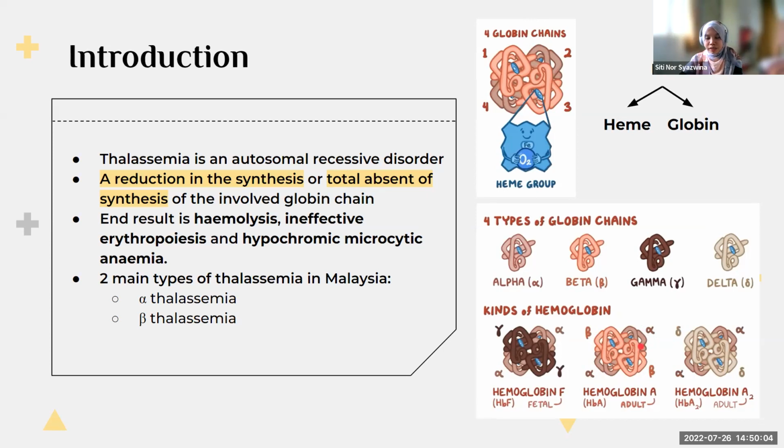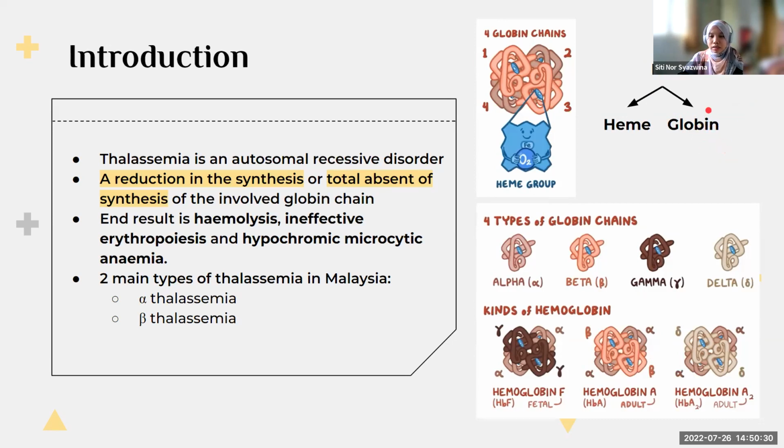The bone marrow will try to compensate for the loss of hemoglobin by producing more red cells. But as we know, hemoglobin is made up of heme and globin, and to produce hemoglobin A, we need 2 alpha and 2 beta. But in beta thalassemia major, we have absolute total absence of beta globin chain synthesis.